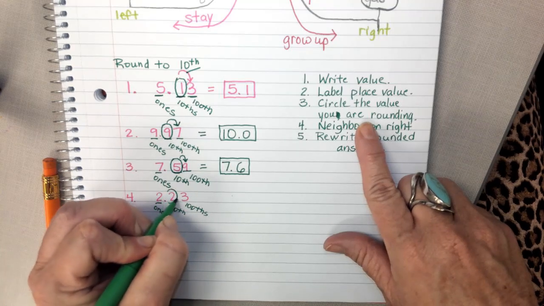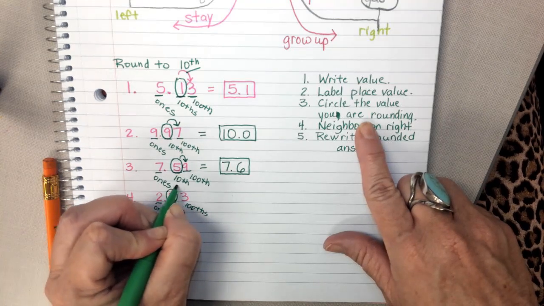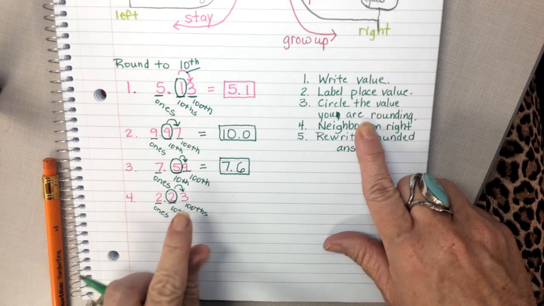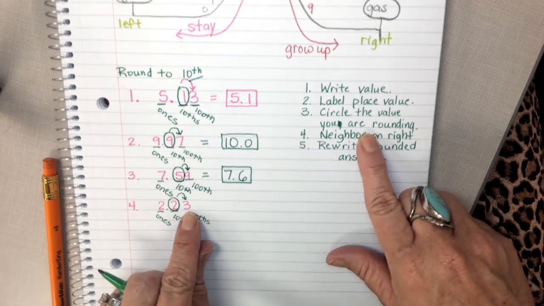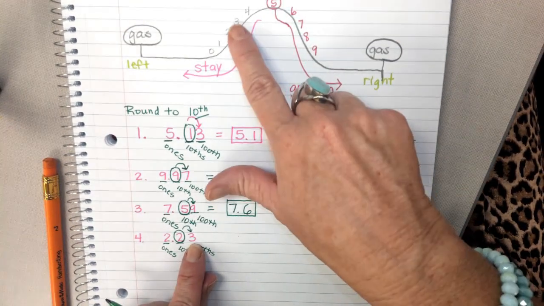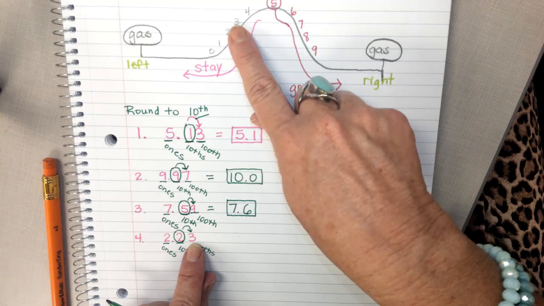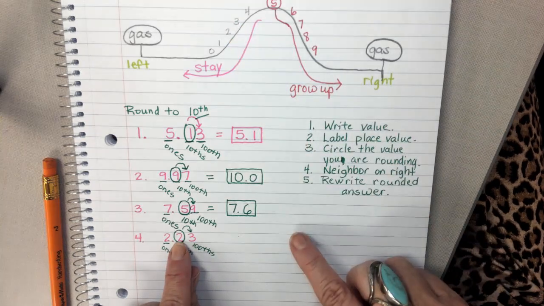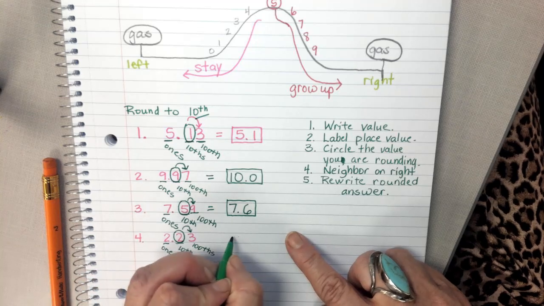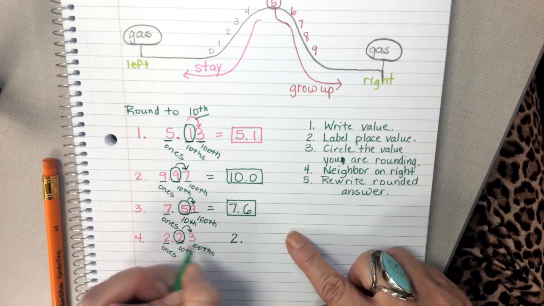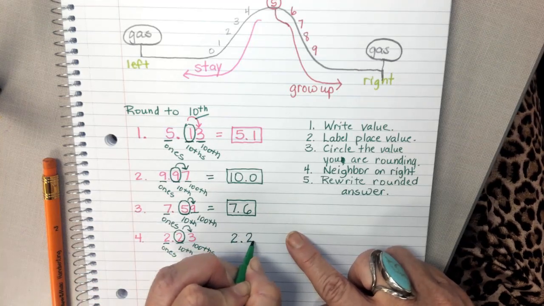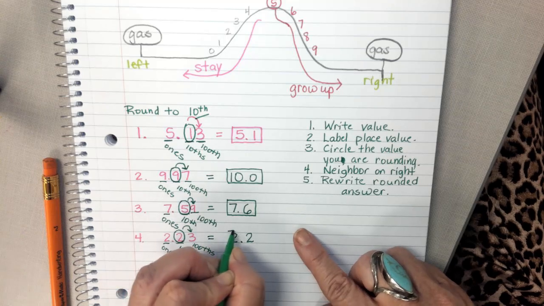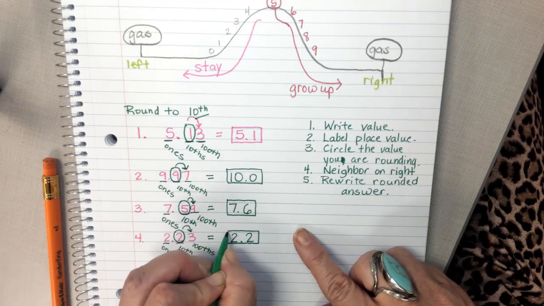We're rounding to the nearest tenth. We knock on our neighbor's door. The value is 3. When I go up to the top, the 3 says to stay there. So that just simply means that we're not changing this number at all. We're going to keep the value in front of the circle, 2, and the 2 is going to stay at 2. 2 and 2/10 is our rounded tenth answer.